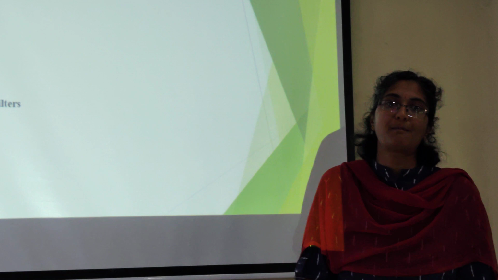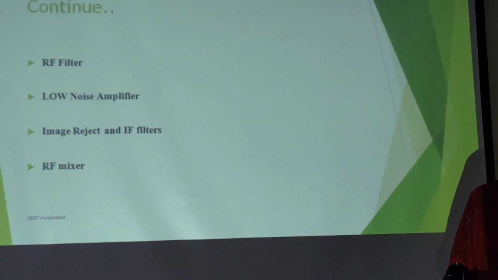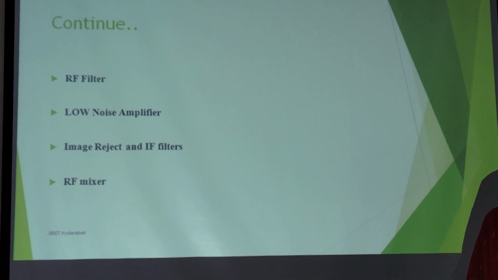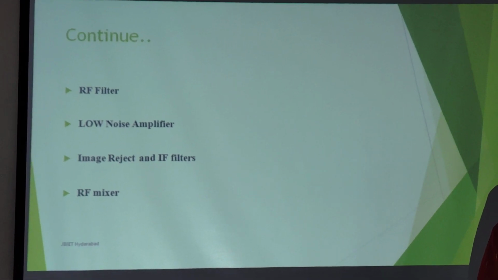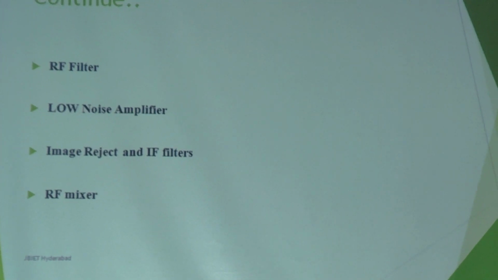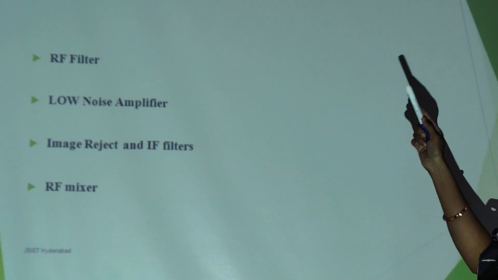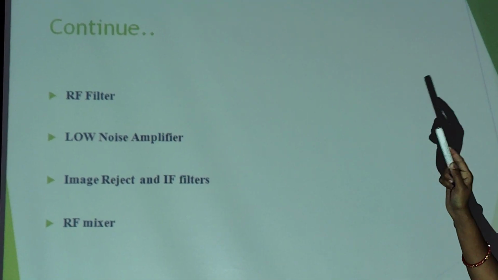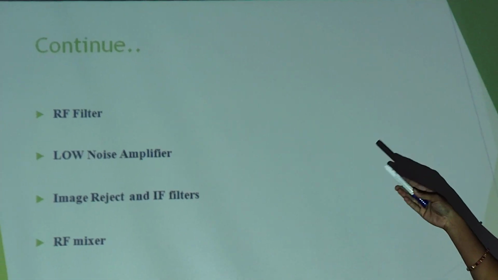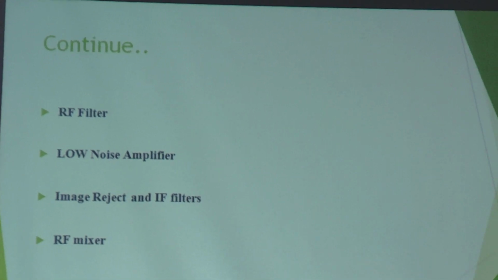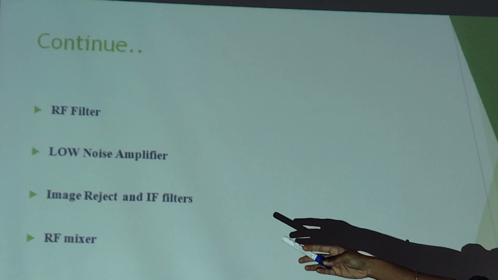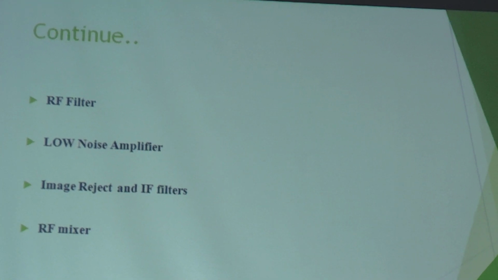This low noise amplifier improves the power level of the received signal, because the received signal power may be very weak. So it improves the power level of the signal such that it can be adapted by the next blocks in the RF front end.